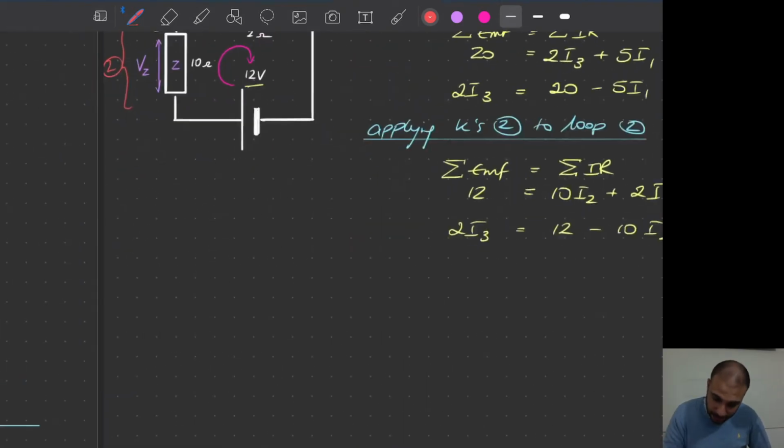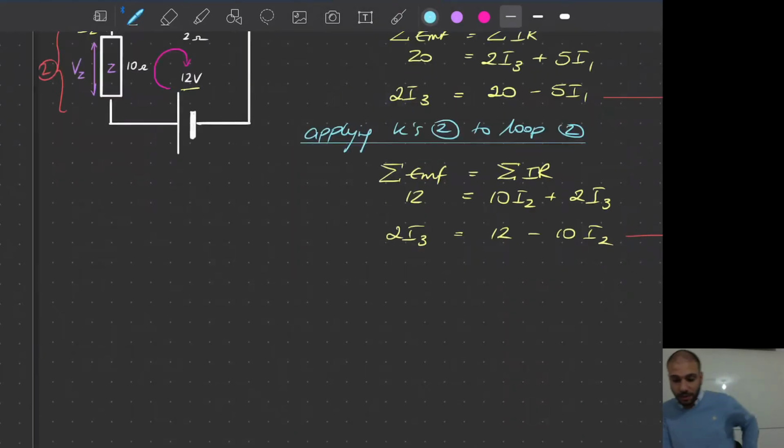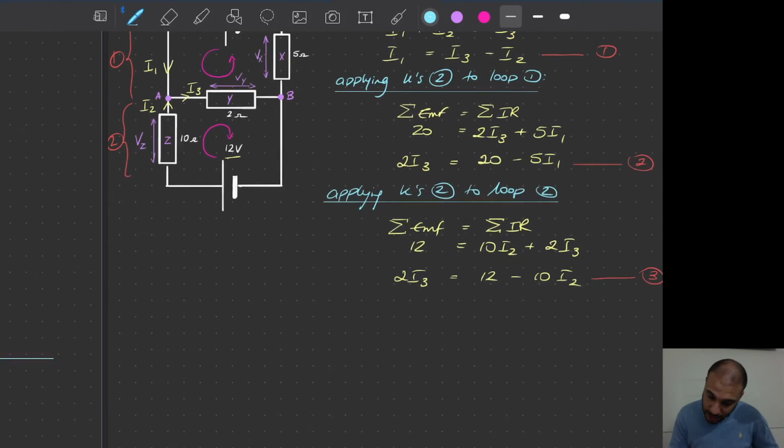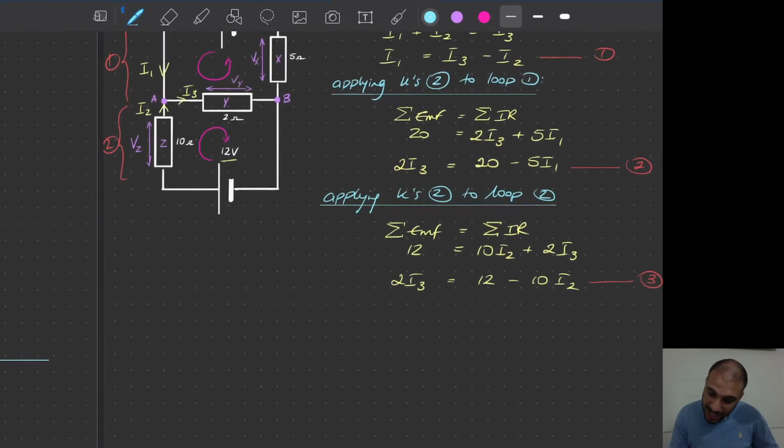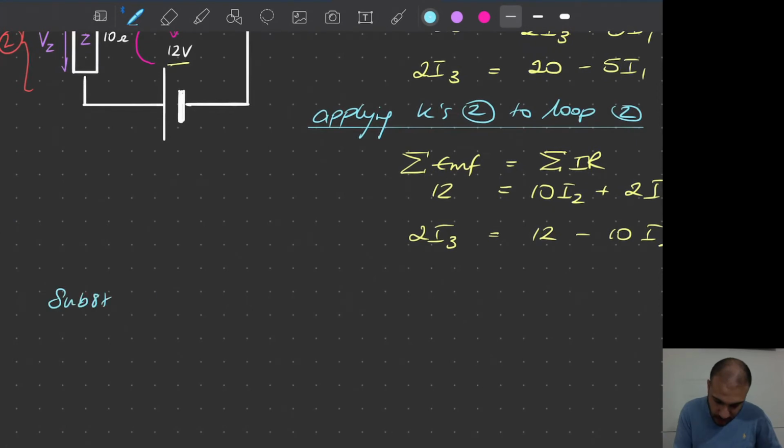Let's label them so the examiner knows what we are doing. Substituting 1 in 2. So we are going to substitute equation 1 in equation 2.